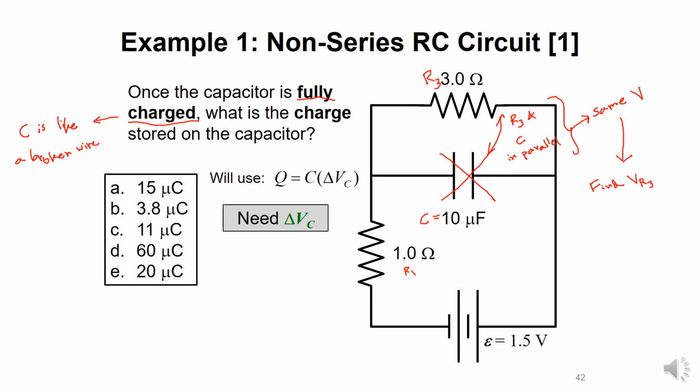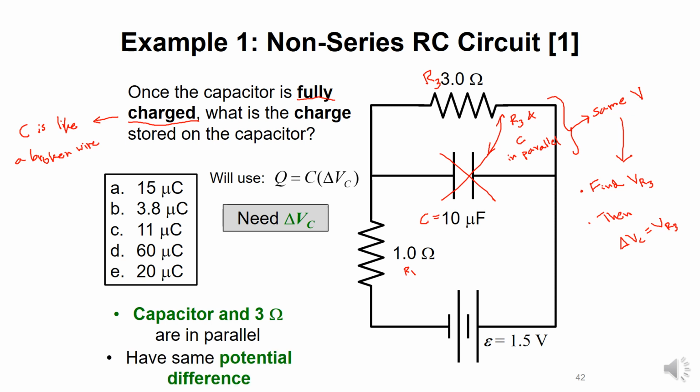Find voltage of R3, and then the voltage across the capacitor will be the same. Okay, so how do you find the voltage across R3?